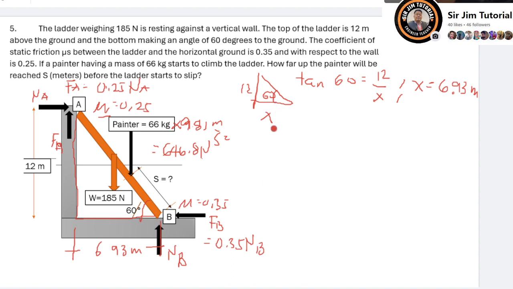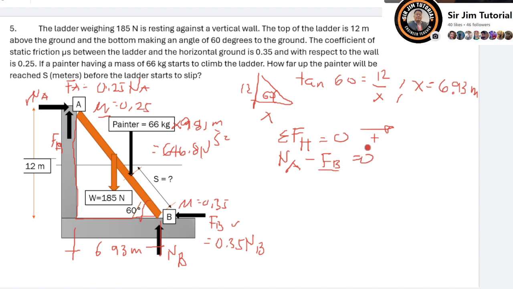Okay, so first is to come up with the forces along horizontal with sum of forces. All direction to the right would be equal to 0. So we have here 1 and then 2. So you have NA minus, this one is going to the left, FB equals to 0.